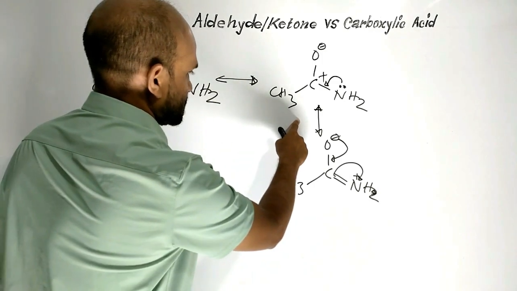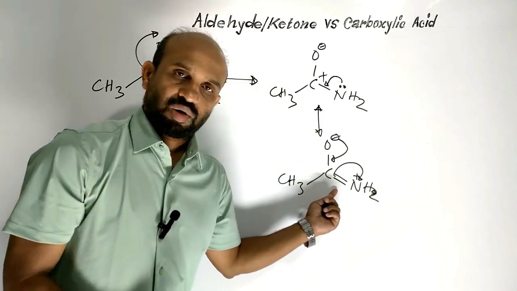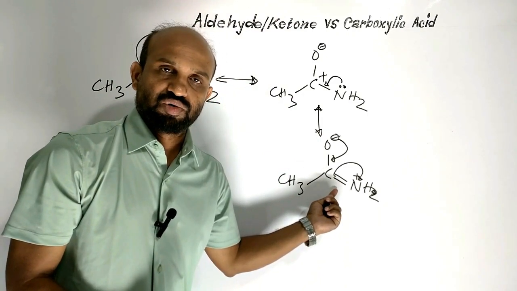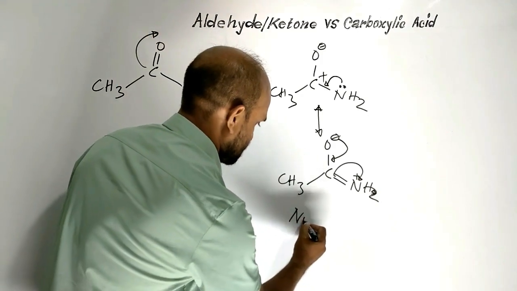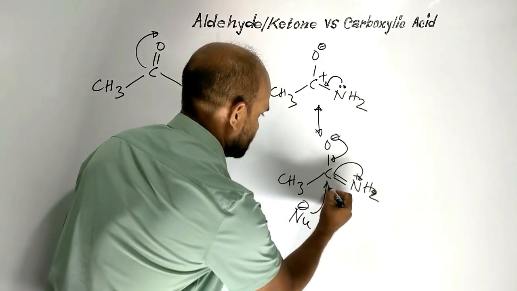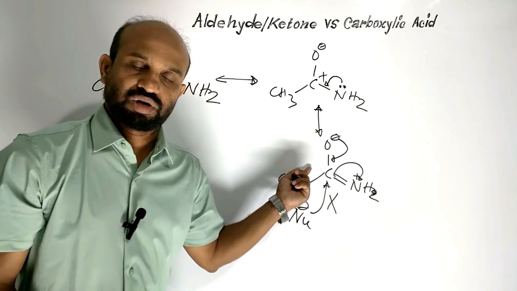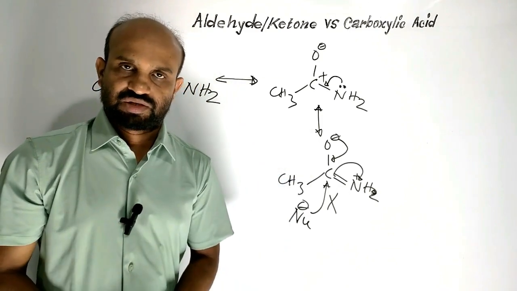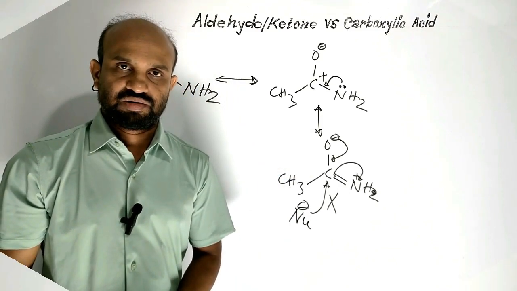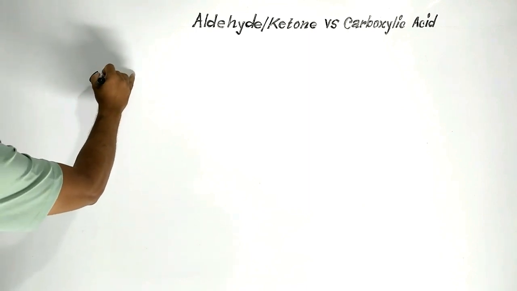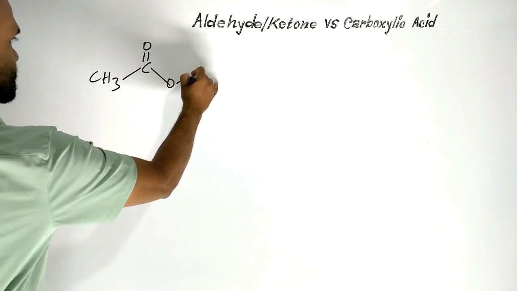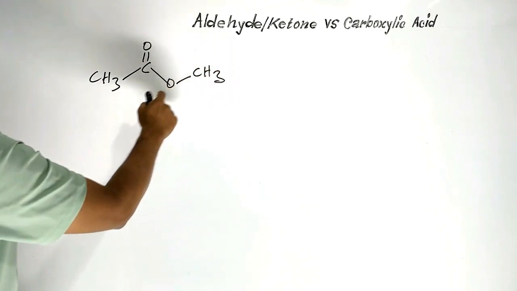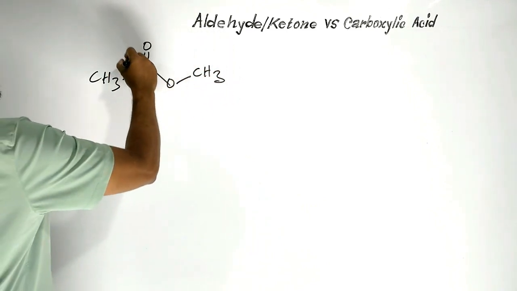Because of these resonance structures, the carbon atom of the carbonyl group cannot be positive in charge. That is why nucleophile cannot attack the carbonyl carbon of the carboxylic acid derivative acetamide. Resonance structures of carboxylic acid derivative: it's a kind of ester.